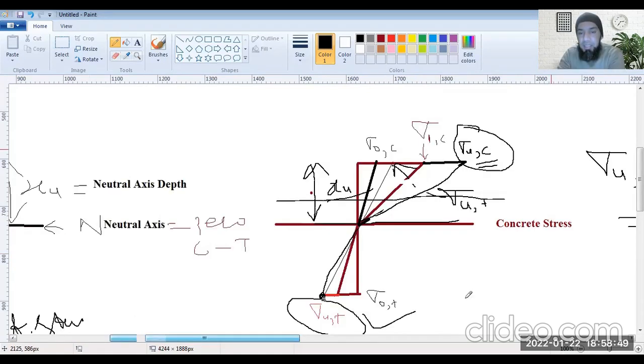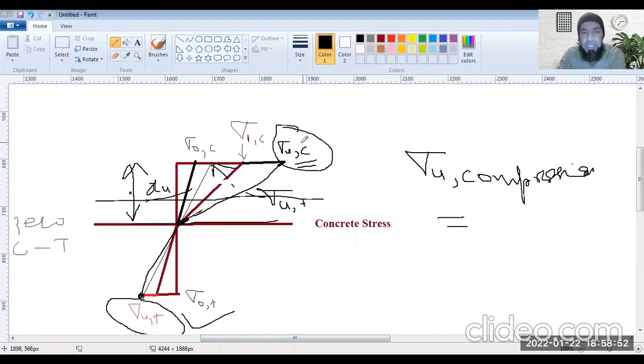As ultimate stress here, this sigma UC, जहां पर compression में ये fail हो जाएगा, that point will be FCK in compression. क्योंकि हम compression में ही concrete को test करते हैं under CTM, compression testing machine. We do not test it in tension usually. So we hardly know this property, sigma UT. हमें नहीं चाहिए. We don't even require this property. Why we don't require this, I will tell you later.